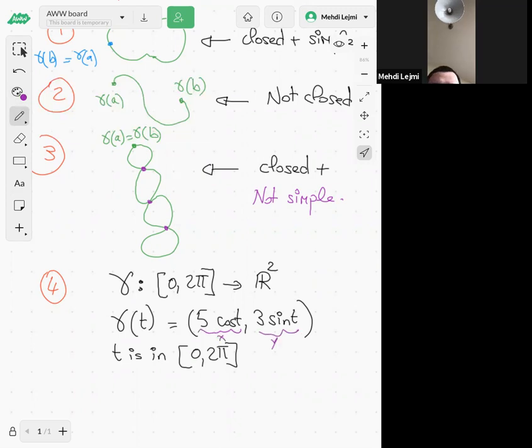If you do x squared over 25, x squared would be 25 cosine squared, divided by 25 is just cosine squared, and y squared over 9 is sine squared, so then it's cosine squared plus sine squared, which is equal to 1. So this is the equation of an ellipse. All I'm saying here, guys, is that my curve gamma is just an ellipse.